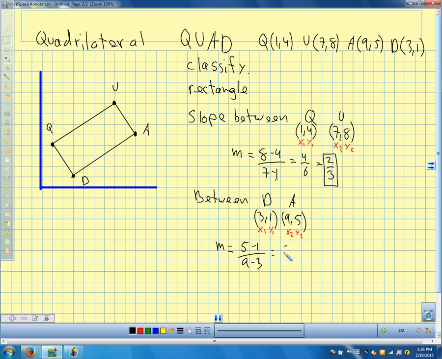This comes out to 2/3 also. So what does that tell us about these two sides? Not congruent, but parallel. Their slopes are the same, so they're parallel.